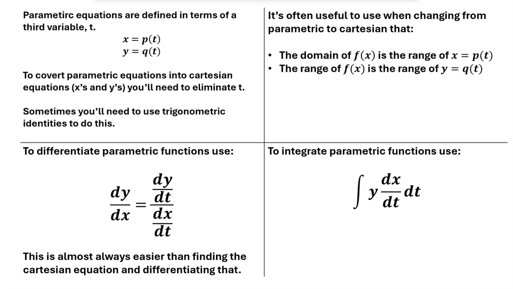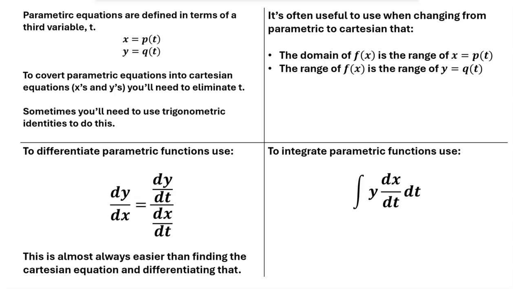So to differentiate parametric equations, what we want to do is to differentiate y with respect to t and differentiate x with respect to t. Normally that will be pretty simple differentiation that you'll get in the exam. And then if you do dy by dt divided by dx by dt, well, those dt's cancel, and that gives you dy by dx.